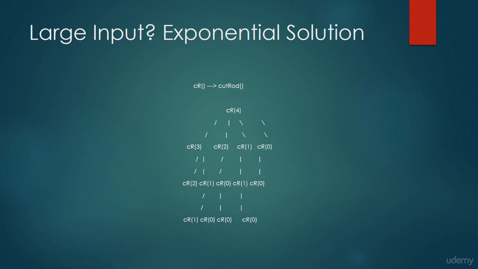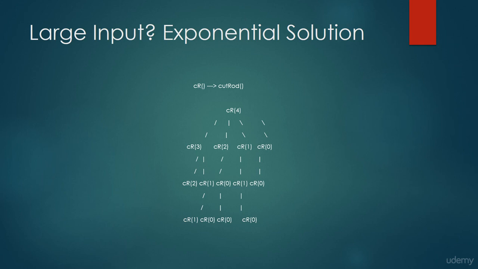You can see that so many of these subtrees are being called over and over again, and you should immediately start thinking, why am I calling them? This is what leads to a very bad exponential solution.